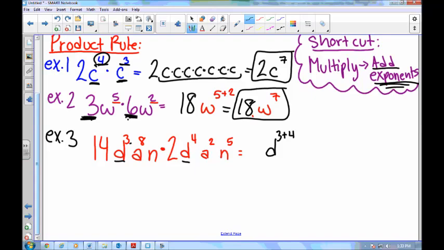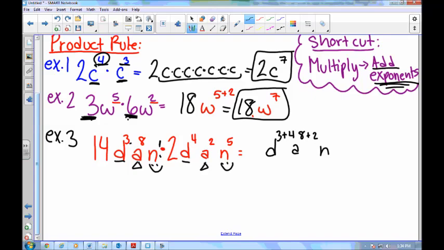And then I take the A's term by term. We write A to the 8 plus 2 and N to the, this guy doesn't have an exponent. So there's 0 N's right there. There's 1. So you can write that in if it helps you.